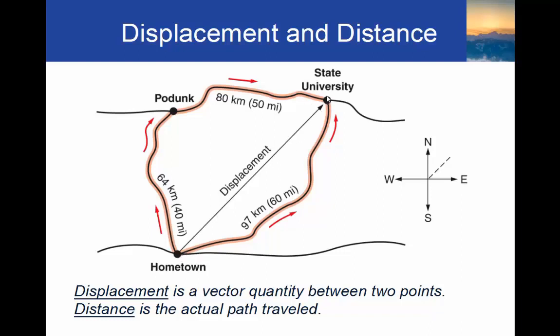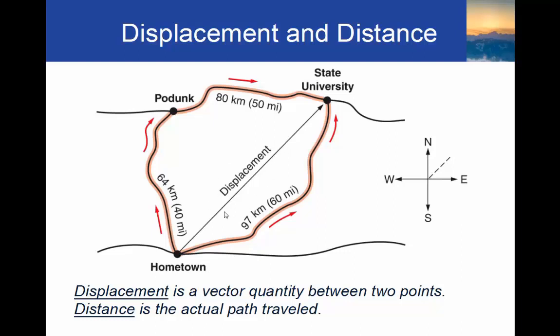It has some magnitude, which is essentially the length of this line, and then there's also a direction. So in this case it's basically northeast. You can be a little more specific by measuring, for example, how far east of north is it? That is, what angle between the north and the displacement vector.